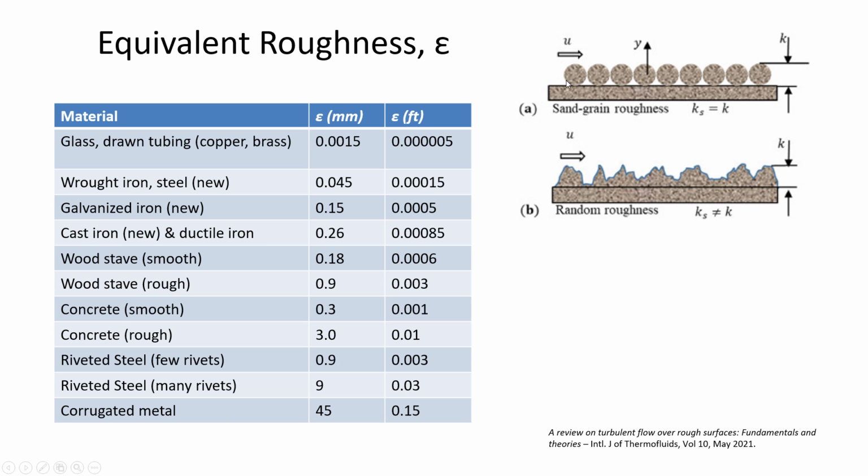What would be the diameter of the sand grain that gives you the equivalent amount of roughness as this random irregular surface? So that's why it's called equivalent sand roughness.